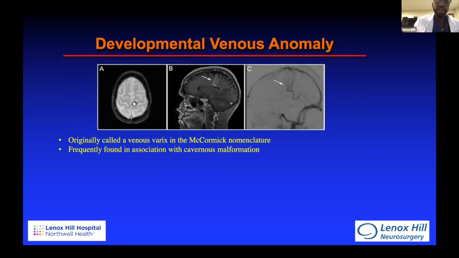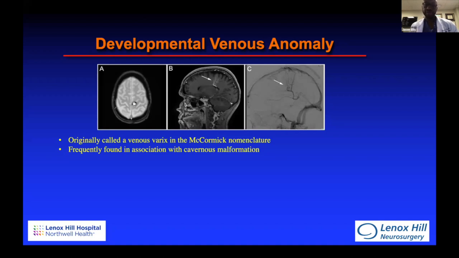I mentioned developmental venous anomaly as a lesion that can be associated with cavernomas. The DVA, or developmental venous anomaly, is actually essentially draining normal brain, and they're often adjacent to these cavernomas. When we remove the cavernoma surgically, we leave the adjacent developmental venous anomaly because it's really just draining normal brain tissue.